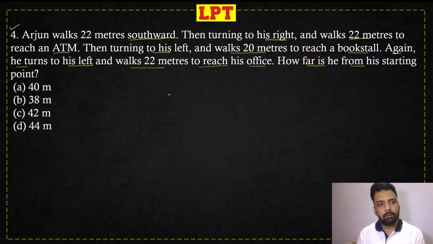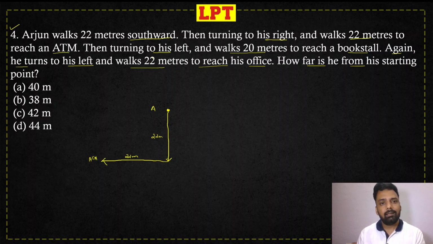Okay, let's say this is the starting position of Arjun, denoted by A. So first he traveled 22 meters southwards. After that, to his right. When I say right, I have to travel 90 degrees in the clockwise direction, and he walks 22 meters in this direction and reaches the ATM.